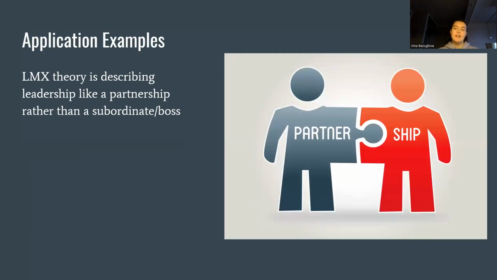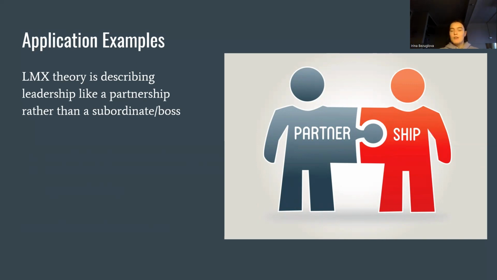So for the application examples, the way that I thought of this theory is that it describes leadership more like a partnership. If you look at the picture that I inserted into the slide on the right side, the leader in the gray and the follower in the red both put in the same amount of work into making this relationship work.